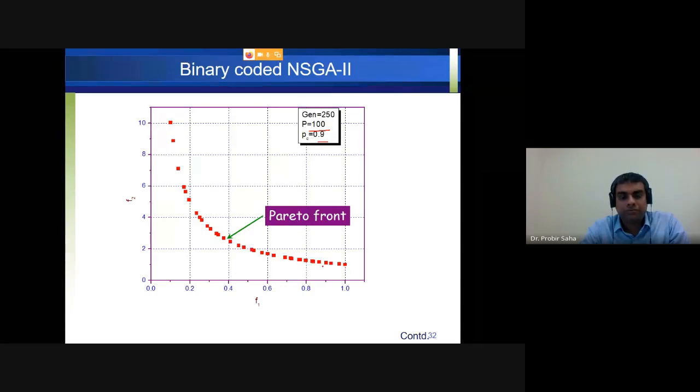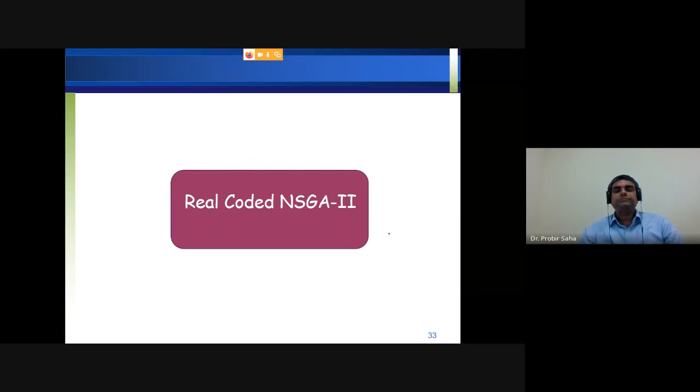This is a Pareto front, multiple solutions. I hope there are 100 solutions there. This Pareto front is the best out of a million solutions. And not only that, we cannot say which one is better than the others, right? So this is how it works.